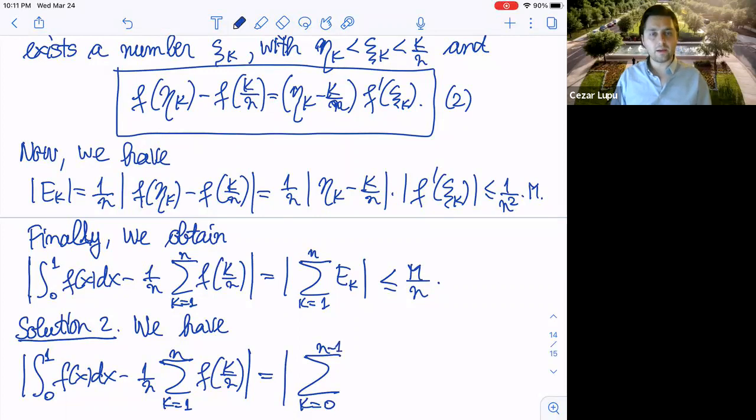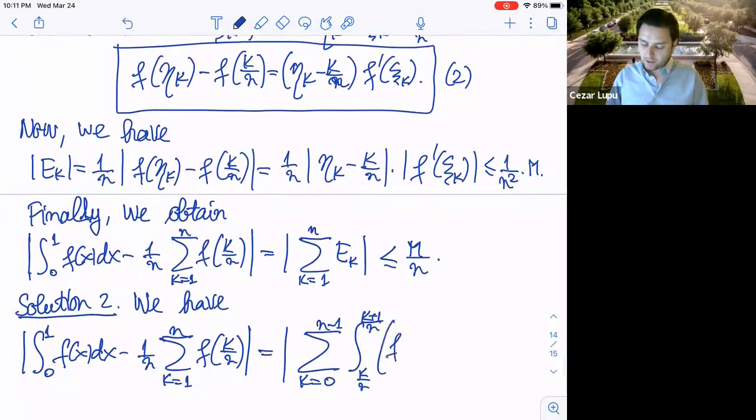So this will be the sum from k equals 0 to n minus 1 of the integral from k over n to k plus 1 over n. I could have started from 1, but it doesn't really matter that much. f of k over n minus f of x. I'm going to write it in this way.